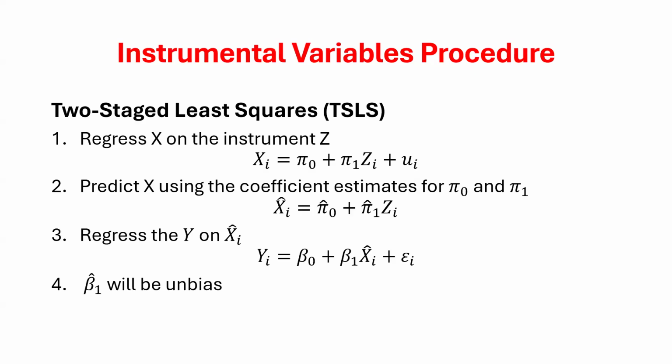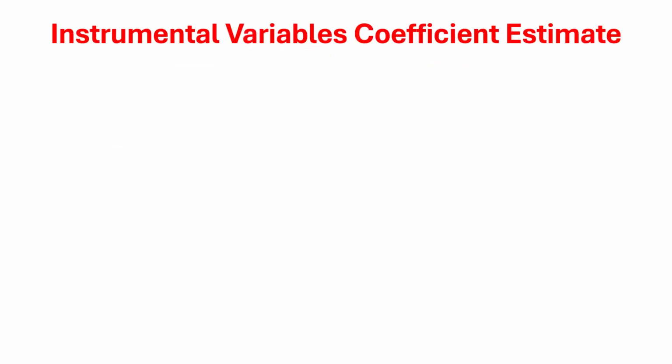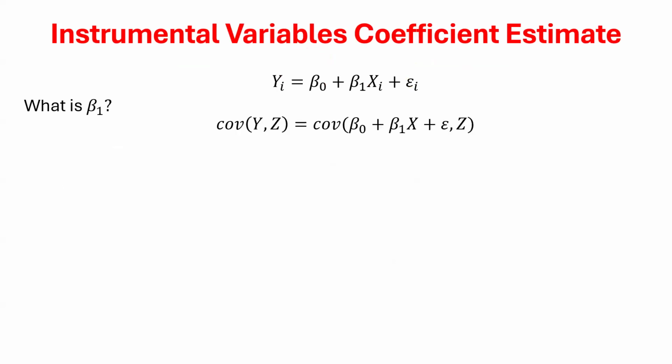Okay. So a little bit of support behind why this happens. I'll show you one way first, and I've got another way that's a little more complicated, but I think will help solidify this idea. So let's say I'm looking at my original regression that I was interested in. I don't have an instrument yet.